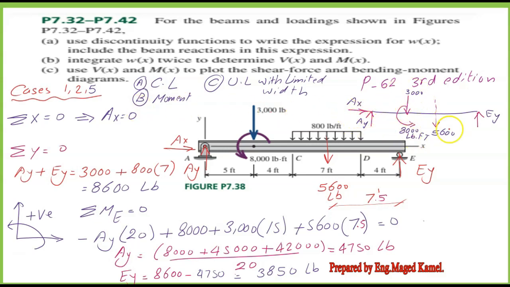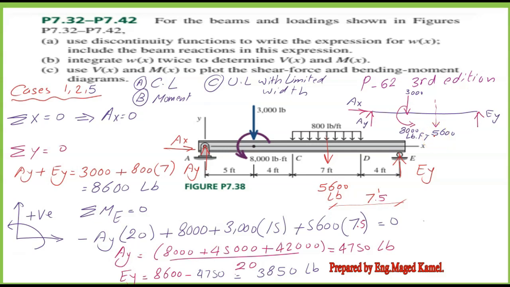From sigma y equal to 0, AY plus EY equals 3,000 pounds plus 5,600 pounds. Then AY plus EY will be equal to 8,600 pounds.